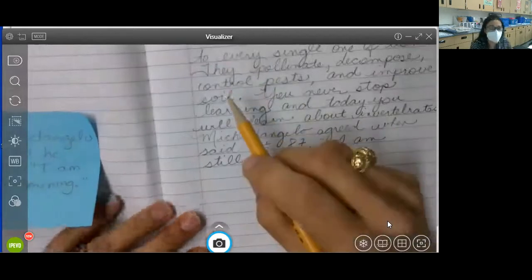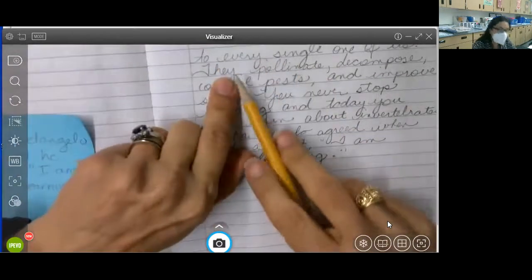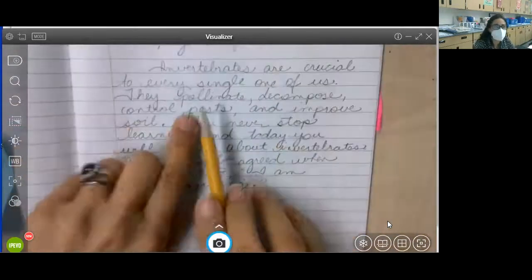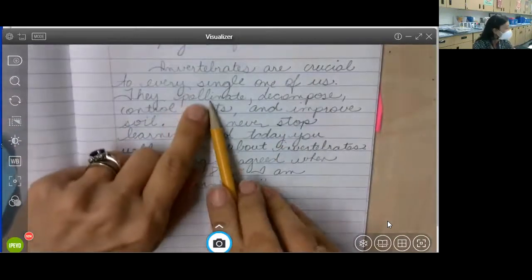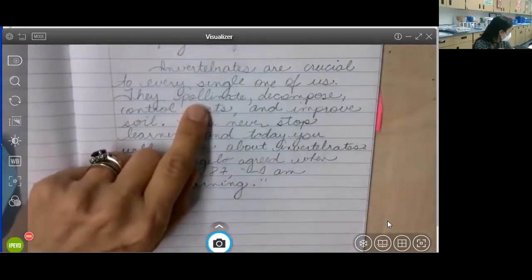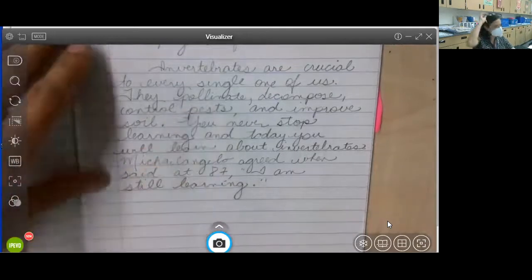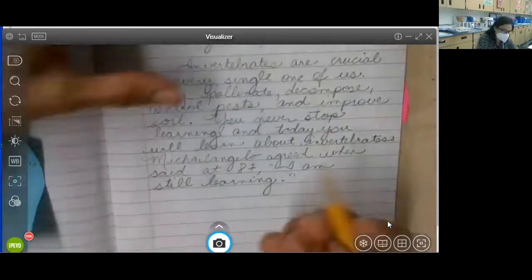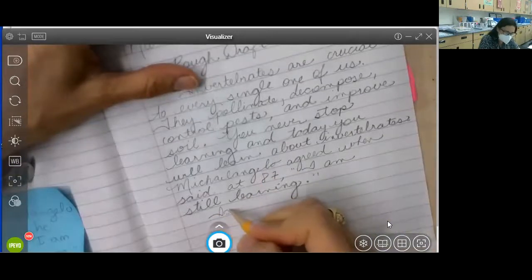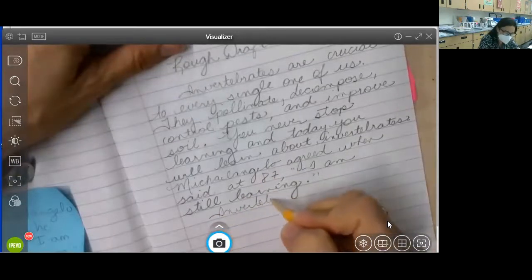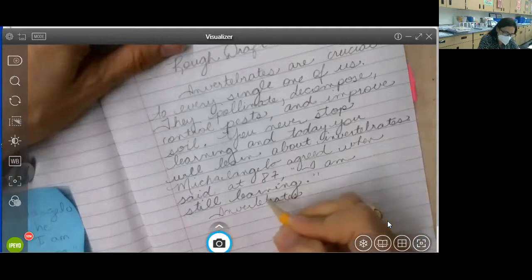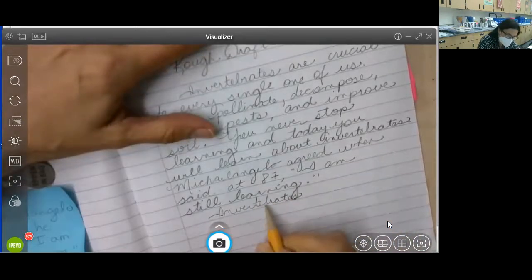Okay, so my next paragraph, it says right here, the first thing we're going to talk about is pollinating. So that means this paragraph has to be about pollinating. We need a sentence that tells the person who's reading that we're talking about pollinating. So I'm going to use the word invertebrates again.